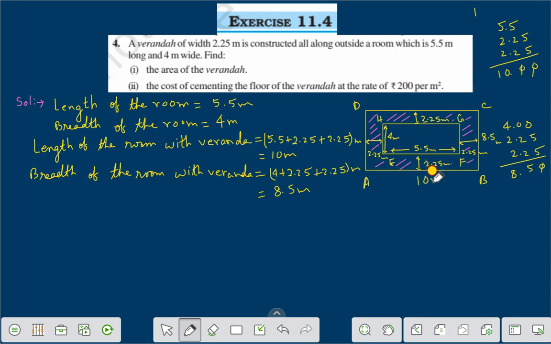Right? We'll find the area of this shaded portion.